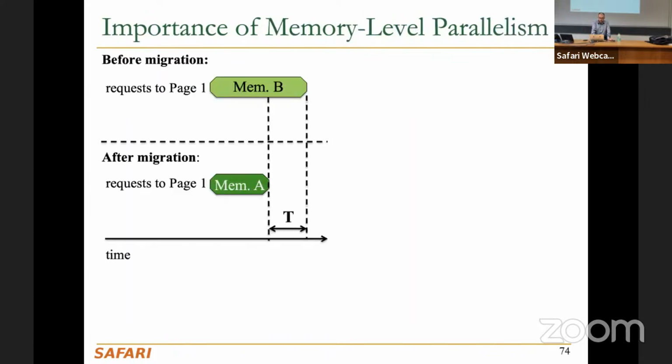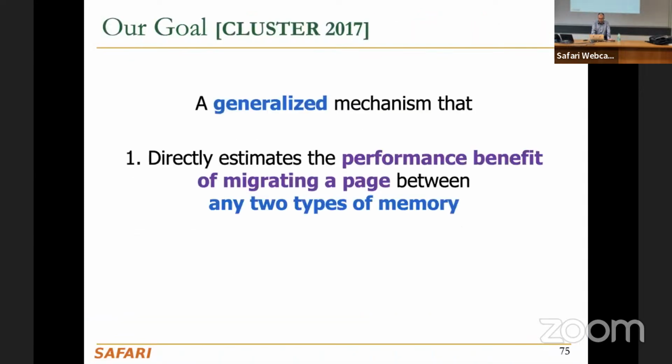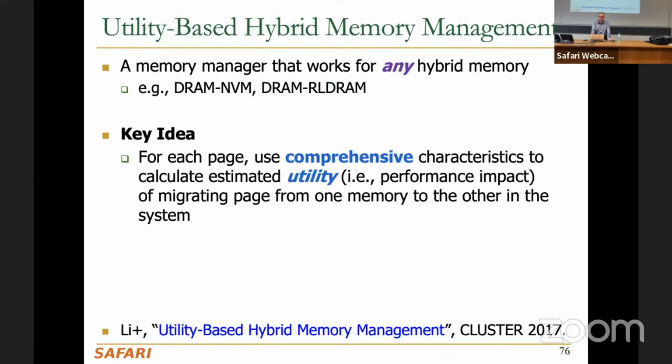In the end, you want to define some utility technique, basically utility-based hybrid memory management, a memory management that works for any hybrid memory. So this work wanted to design a hybrid memory management technique that can be extended or applied to different baselines.